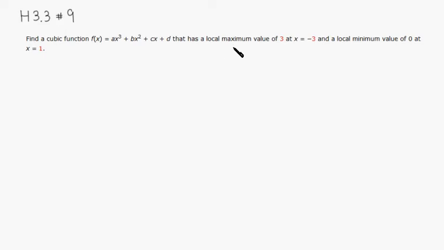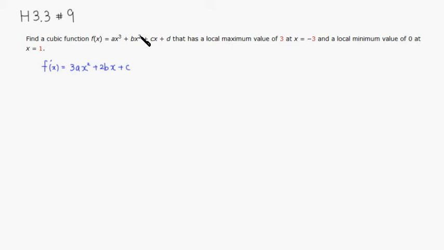Since we're talking about local max and local min, it's probably a good idea to look at the derivative. So f prime of x is equal to 3a x squared plus 2b x plus c.